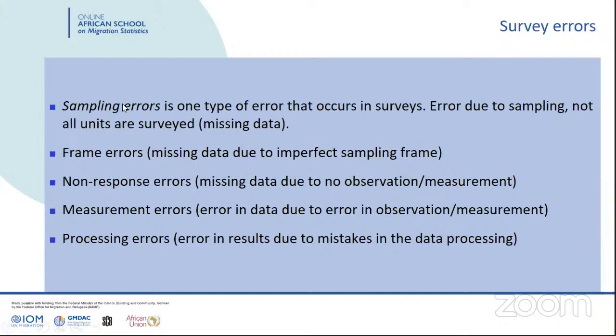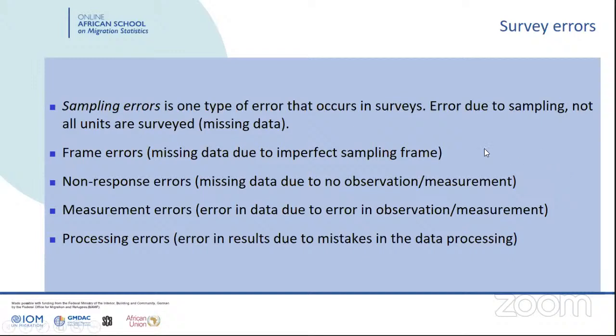So what kind of errors? Well, sampling errors. Due to sampling, all units are not surveyed. Errors due to missing data, you can say. We have frame errors. If we want to select a sample randomly, we need a list of all the units in a population to select the random sample from.